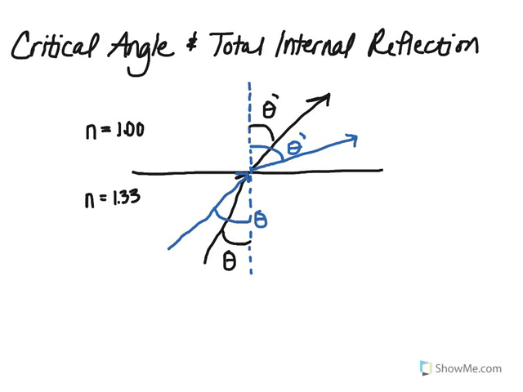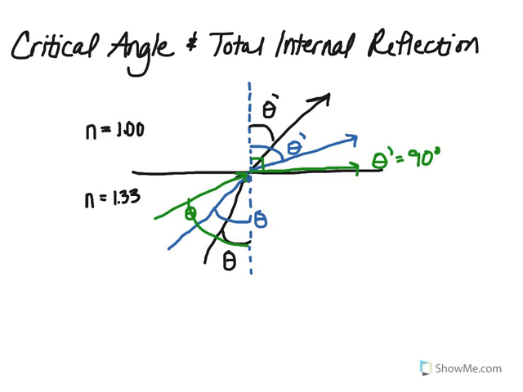And if we increase it even more, we'll eventually get to a point, if this is our theta, the theta prime must be larger than that, and we would get to a point where the refracted angle is equal to 90 degrees. And it's only possible for this to occur if the light is going from the high index medium to the low index medium.